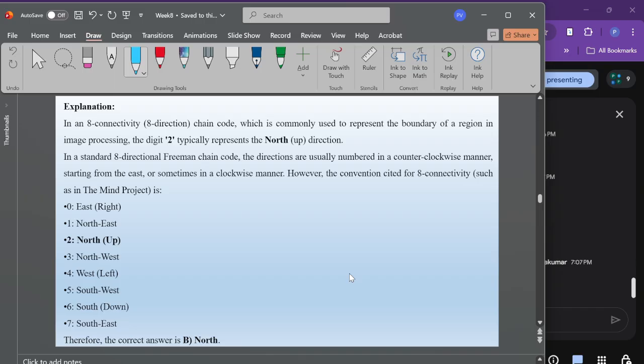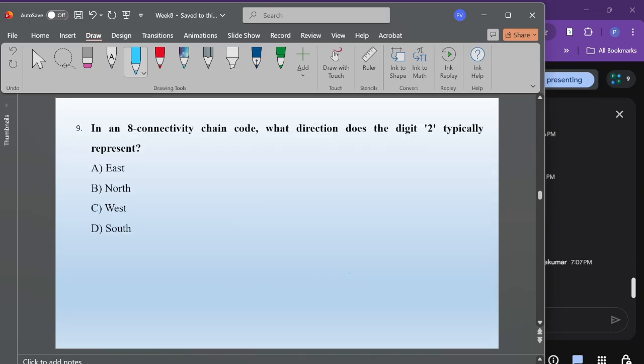So 0 represents east, that is right; 1 represents northeast; 2 represents north, up; and the next one is northwest, then west on the left, and southwest in the lower left corner. We have seen it like this, right? So the correct answer is option B, that is north, the up direction. The 2 represents north in the up direction.